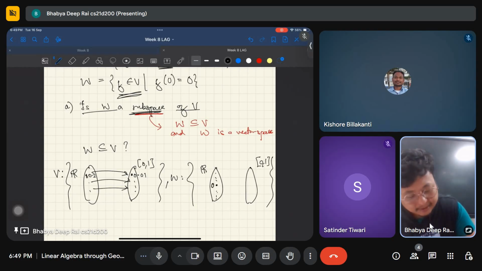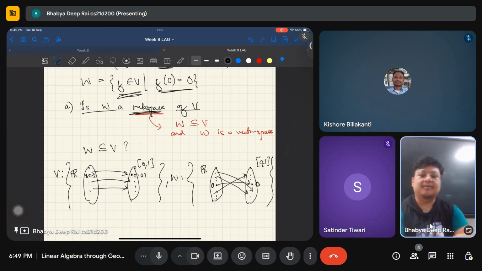This 0 is always mapped to 0, and the rest could be mapped arbitrarily. So take all those functions where this restriction is there: 0 is always mapped to 0. That is what W looks like.